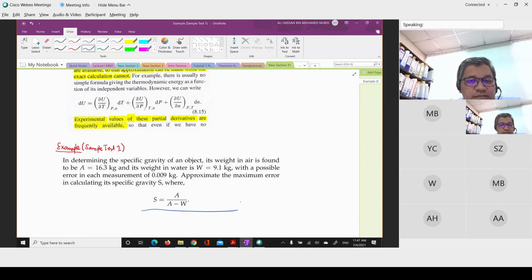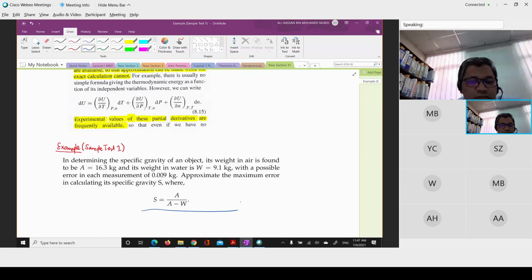So we have an object with a known weight in air and with a known weight in water, and the specific gravity is related to A and W by the relation A over A minus W here.